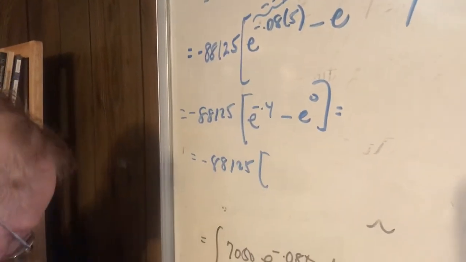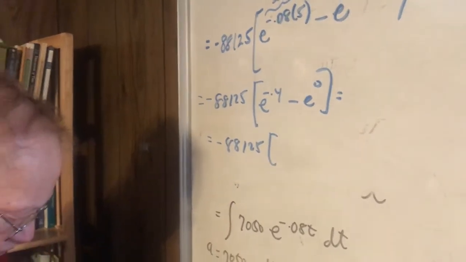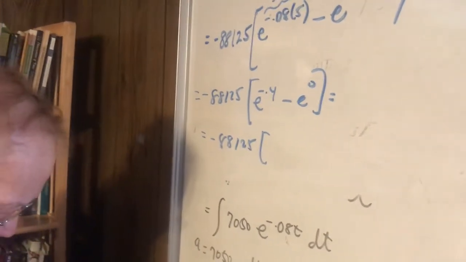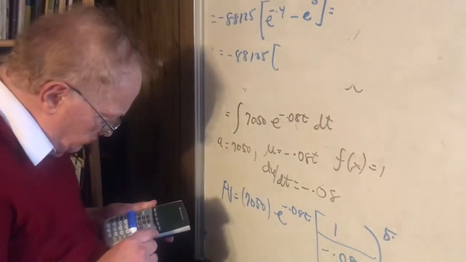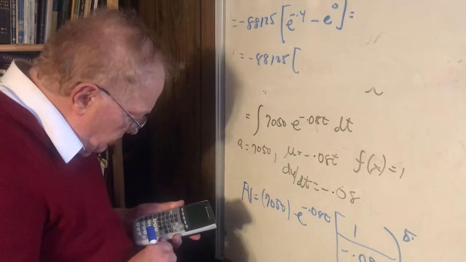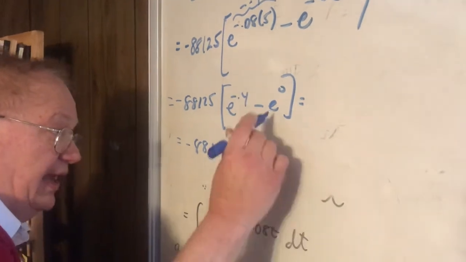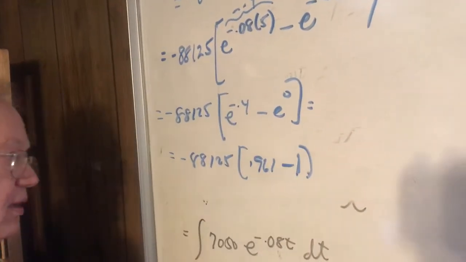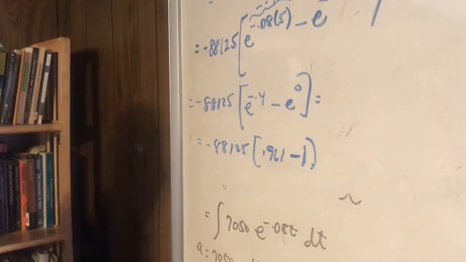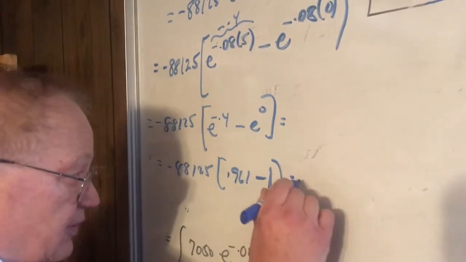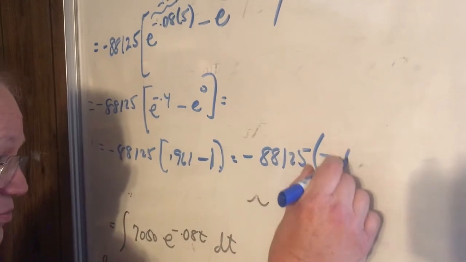So that's going to be minus 88,125. And let's figure out what e to the minus 0.4 is. That is 0.961, and that is 1. So 1 minus 0.961 is really 0.039, so it's minus 88,125 times minus 0.039.